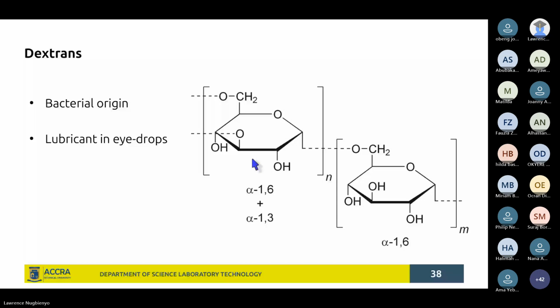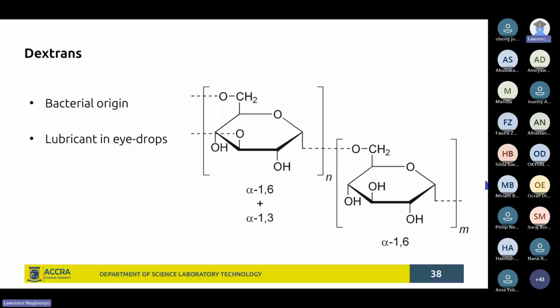And the bonds that you see between the monomers in dextrans can be the alpha 1,4-glycosidic bond, where you have these glucose units joining to the carbon 4 of the next glucose molecule.